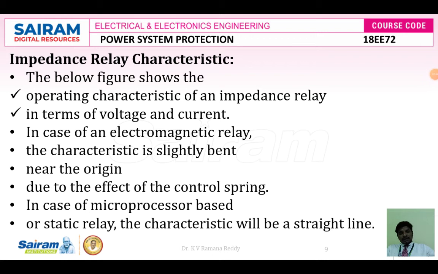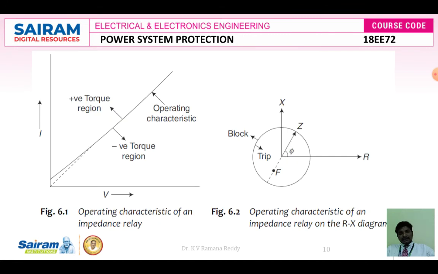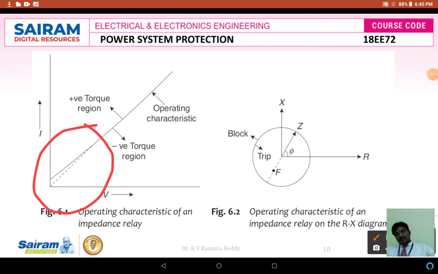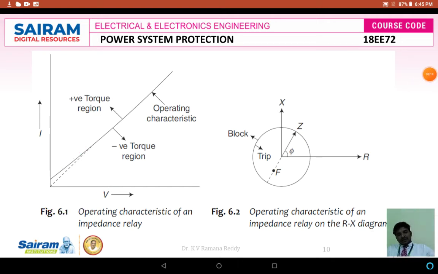That happens for microprocessor based and static relays. For the electromagnetic relay, the characteristics are not linear and are slightly bent at the initial starting position. They do not start from the origin for the electromagnetic type relay, but for static and microprocessor based relays, the characteristics show a dotted line at the initial condition.